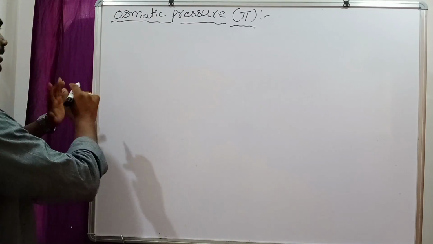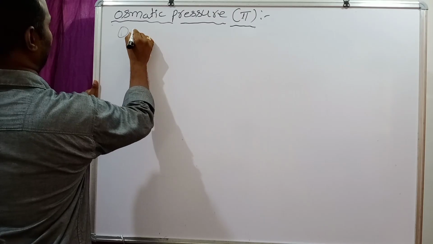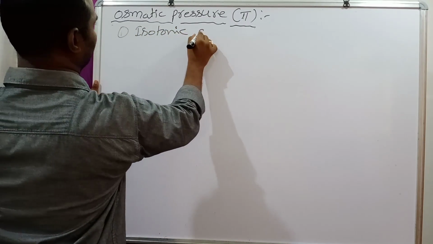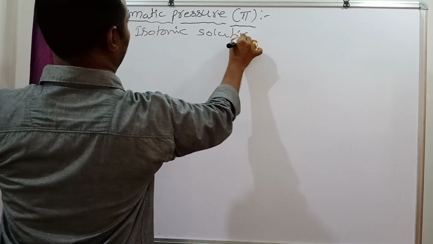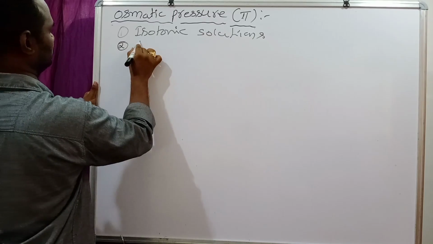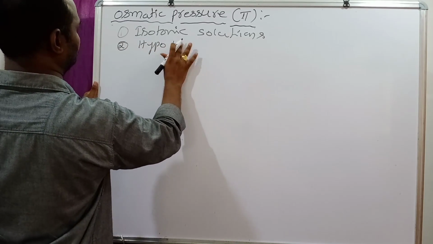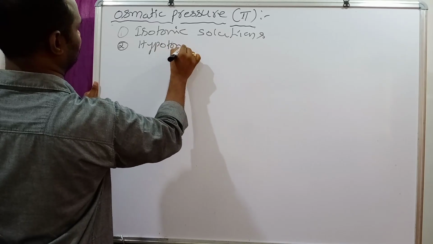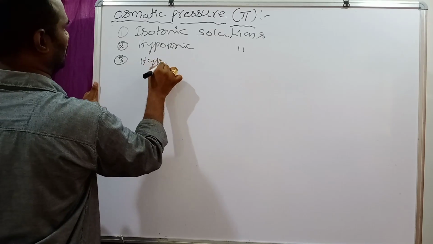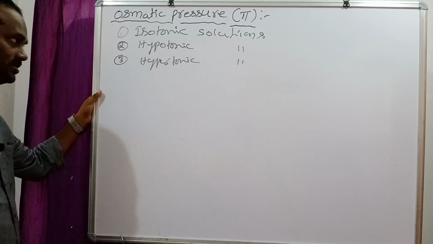By comparing osmotic pressure of two solutions, the names we are using are isotonic solutions, second hypotonic solutions, and hypertonic solutions.